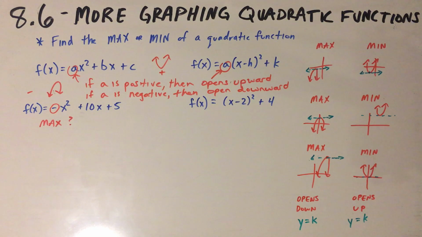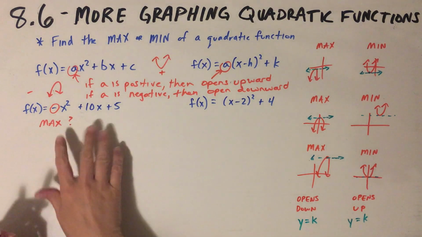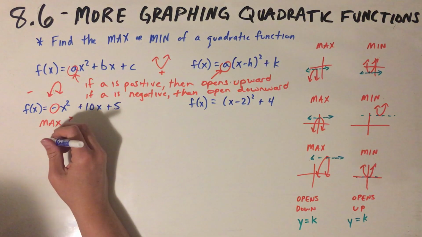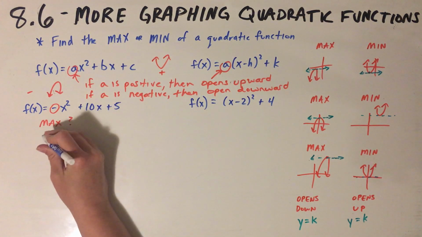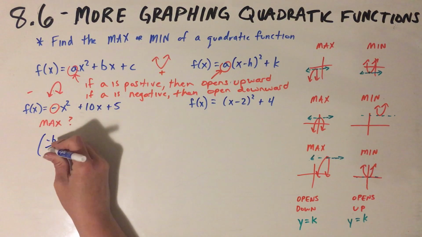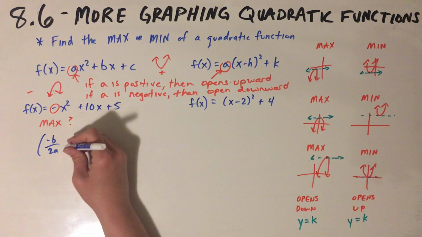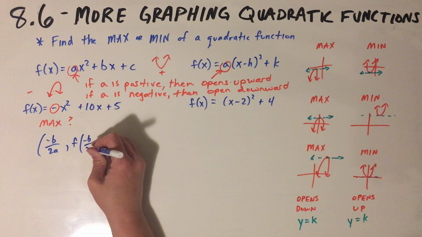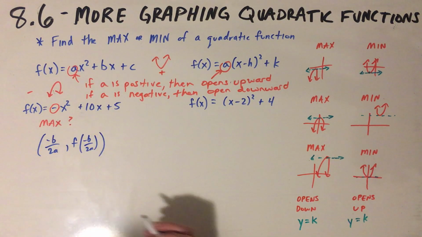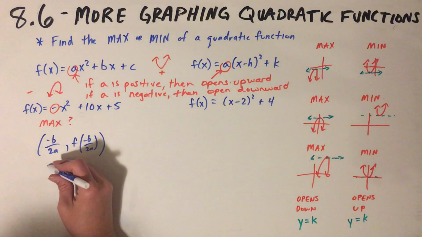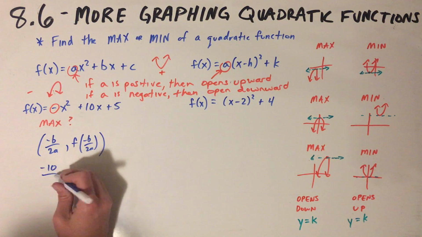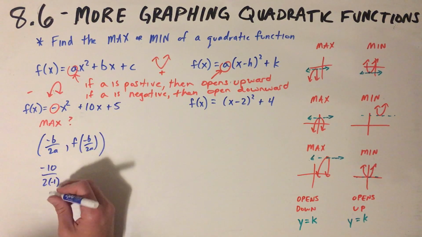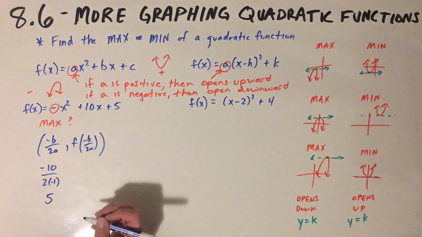Well, when it's in this format, we're going to use the vertex formula that says that negative b over 2a is the x value, and f of negative b over 2a is my y value. So I'm going to plug this in. In this case, this is negative 10 over 2 times a, which is negative 1. So my x value is going to be 5.